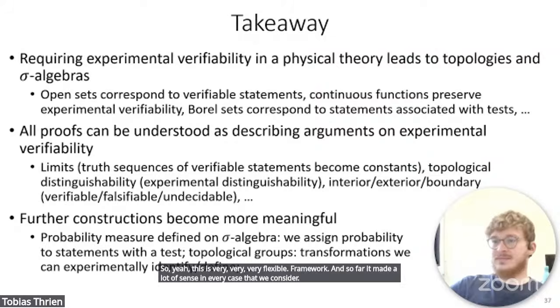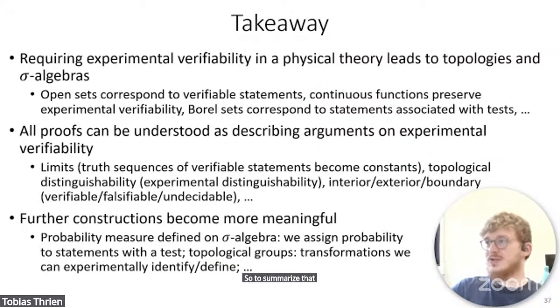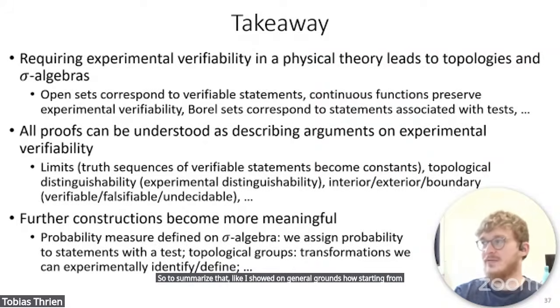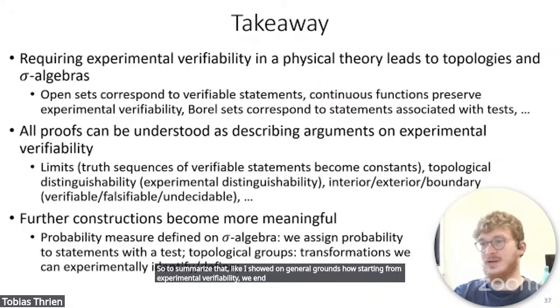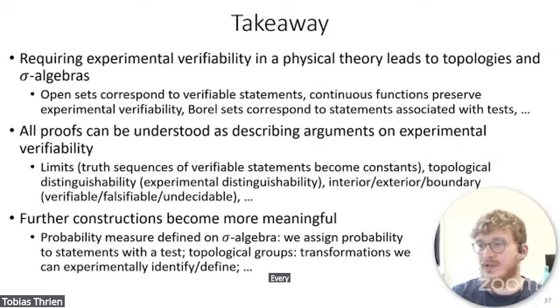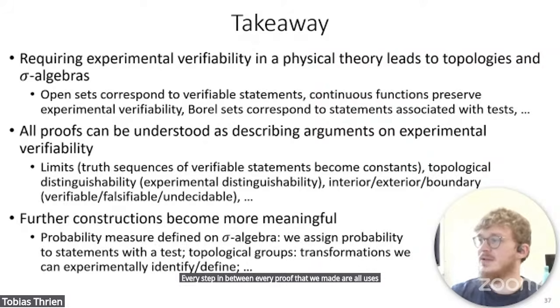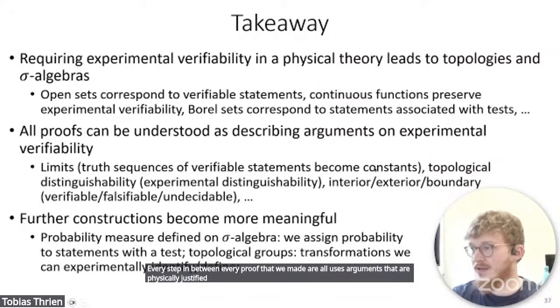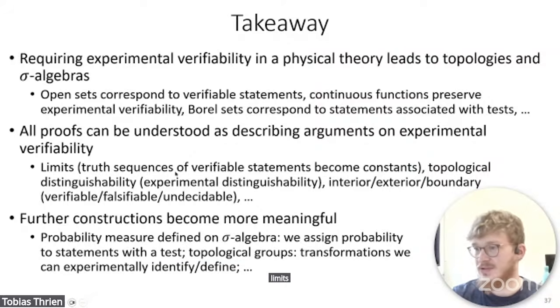To summarize, I showed on general grounds how, starting from experimental verifiability, we end up with the topologies. We really started with physics and ended up with math. Every step in between, every proof that we made, uses arguments that are physically justified. So you can really understand many things now, like limits, which are based on topological distinguishability.